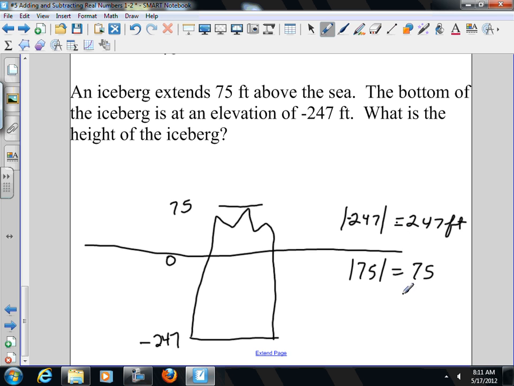So add them together, 247 and 75. Don't even need a calculator. 7 and 5 is 12, carry the 1. 1 and 4 is 5, and 7 is 12. So we get 322 feet total for the height of that iceberg.